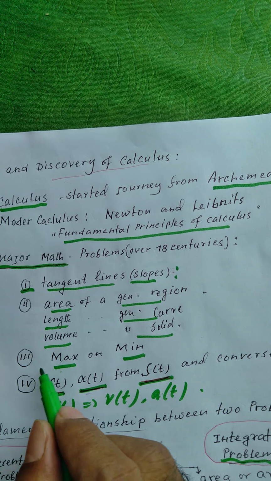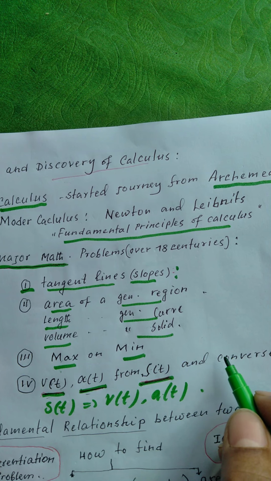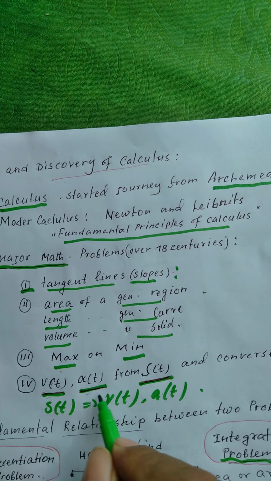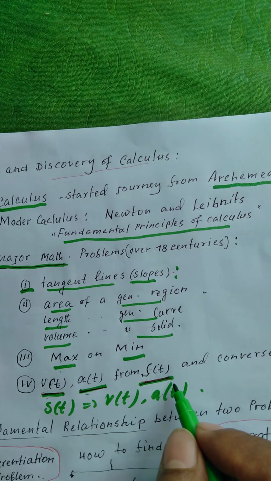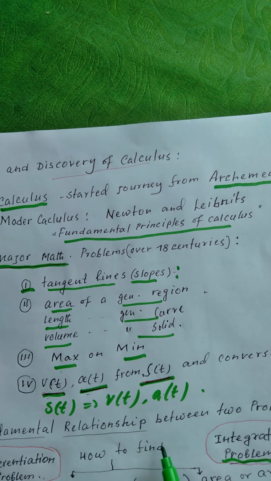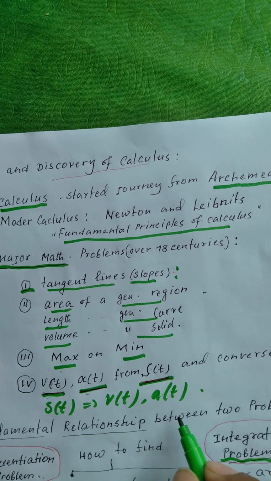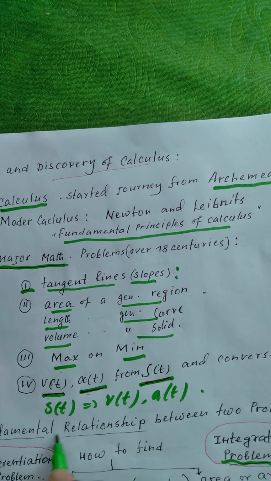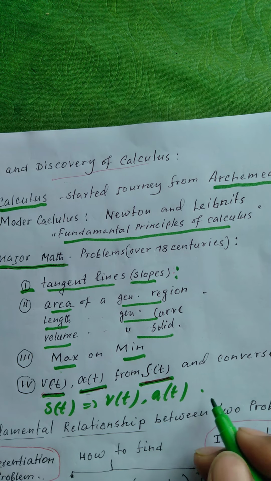And how to find the maximum or minimum of a quantity, and they also didn't know how to find the velocity function or acceleration function from a given position function or distance formula. And conversely, they did not know how to find the position function if given velocity, and how to find velocity or acceleration function if given the position function, or the converse.